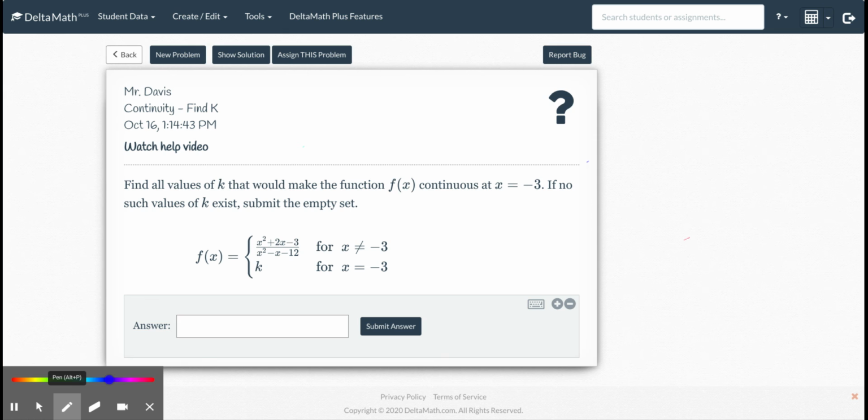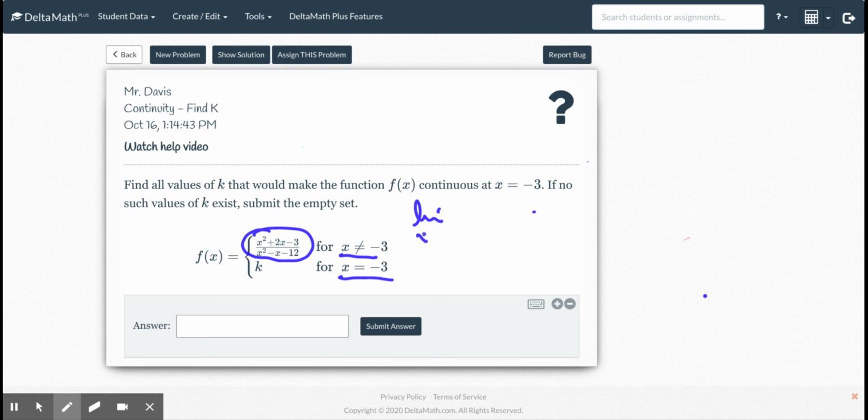All right, so we need to make this thing continuous. Now, this is a little bit different scenario because our two conditions are x equals this or x does not equal this. So basically, we're going to use this function for the not equal part for both the limit as x goes to negative 3 from the left, and we're going to use it for the limit as x goes to negative 3 from the right.